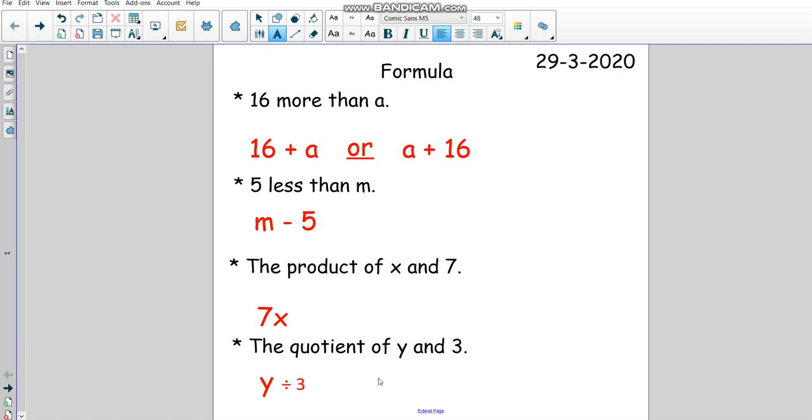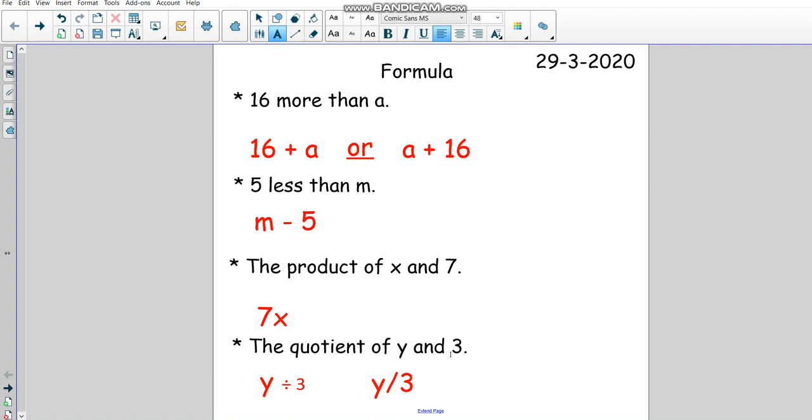But actually, I can also write it as a fraction form, which is y over 3. And I wrote it as a slash as I don't have here a fraction form. Y over 3 will give you the quotient of y and 3.